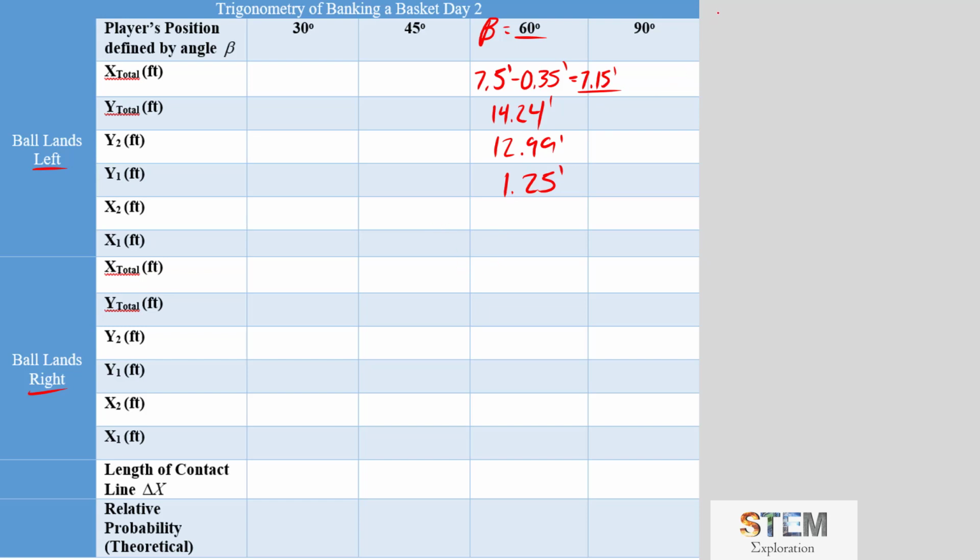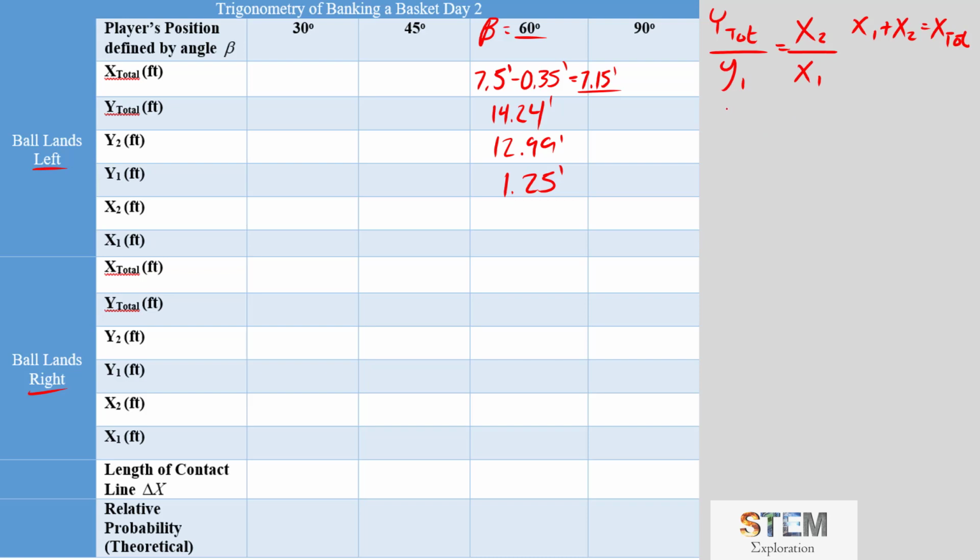But if you remember previously, Y total over Y1 is equal to X2 over X1. And if you have X1 plus X2 equals X total as your equation, that's all we need: our similar triangle relationship and our segment addition postulate relationship, because we have all these values that we had before.